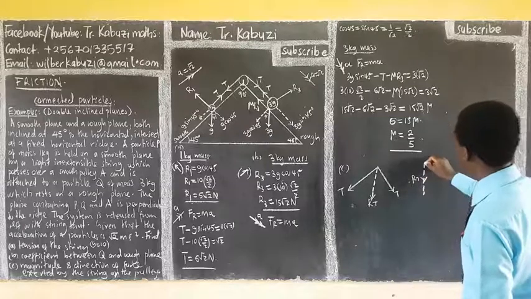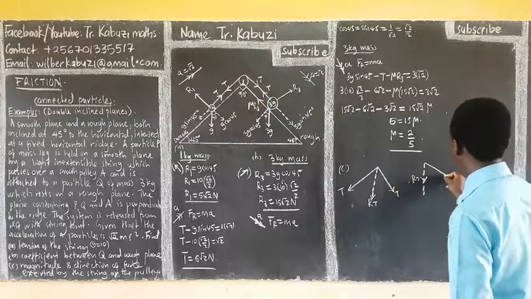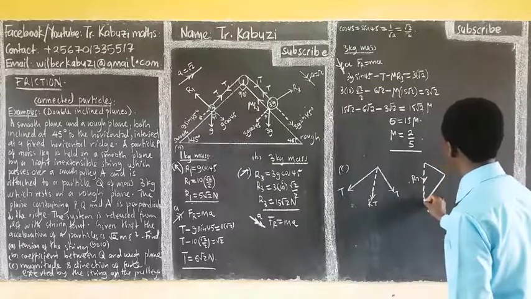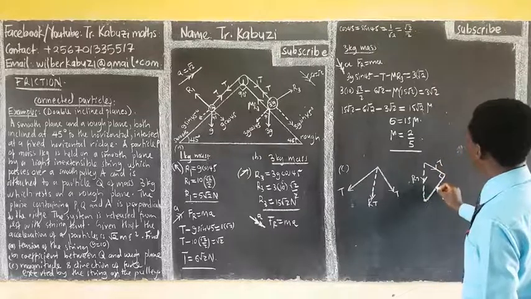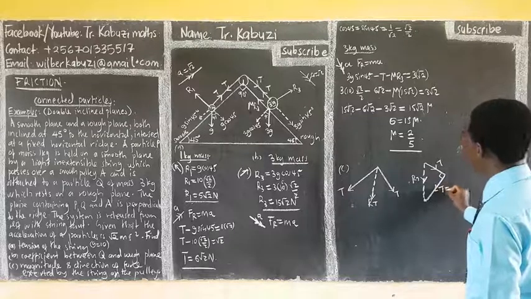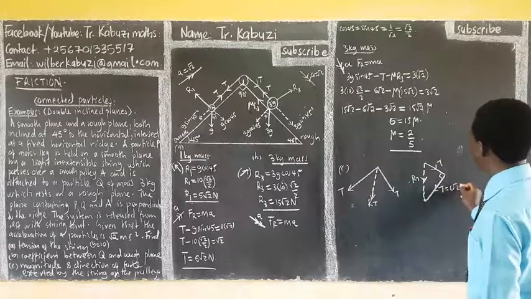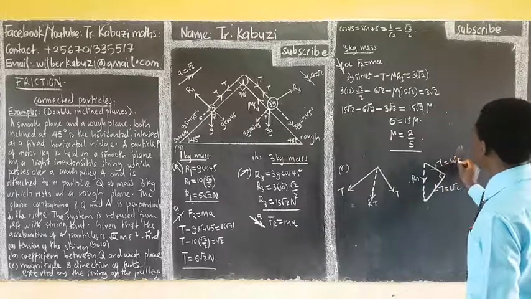So this is going to be our T, which is 6 root 2, and this is 6 root 2.